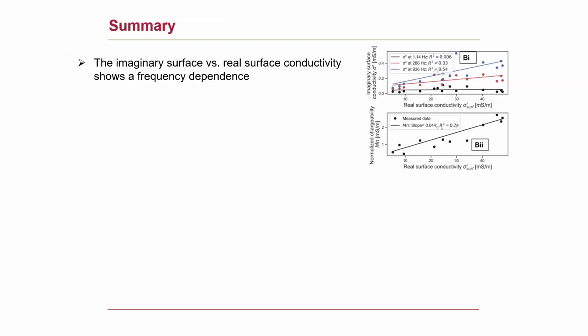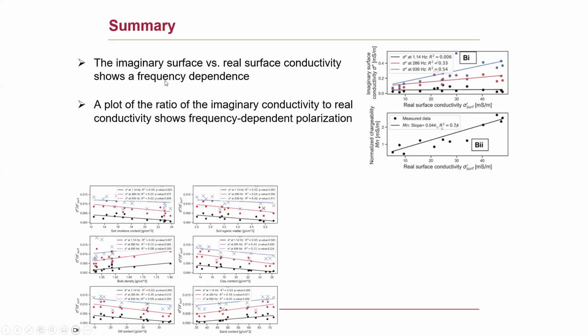But what we ended up seeing was that the electrical model itself should be revised, or we should at least be aware that the imaginary conductivity shows frequency dependence. If there is a frequency dependence and we are expecting to decouple that just using the bulk conductivity, we may not be able to solve that problem.